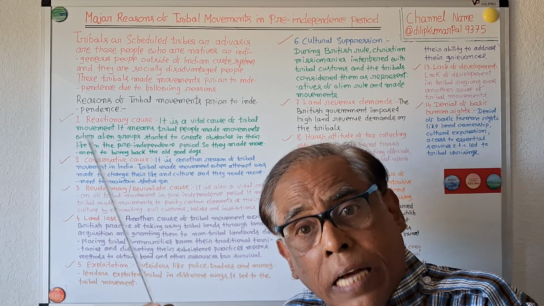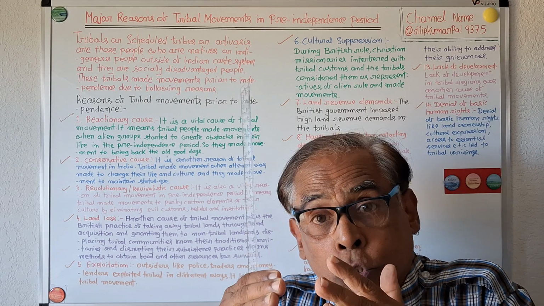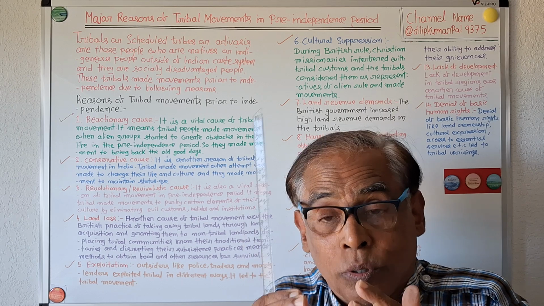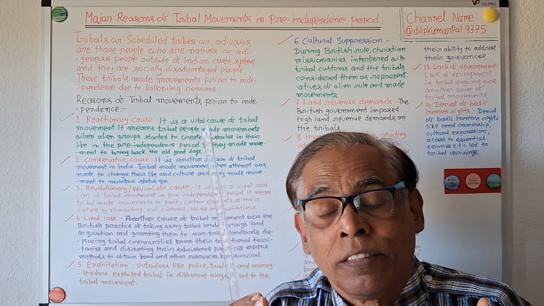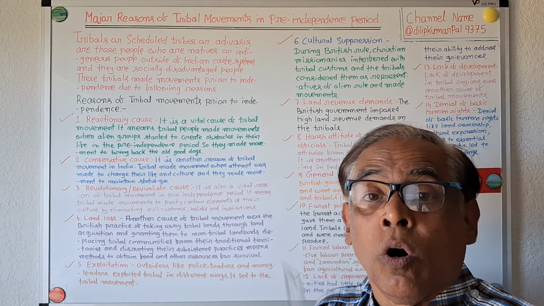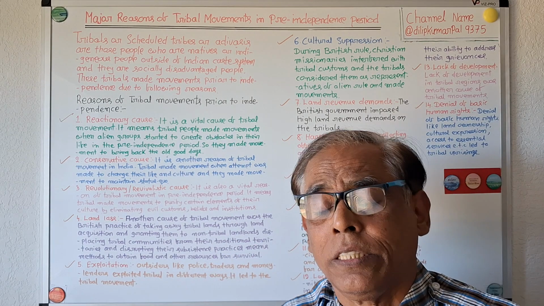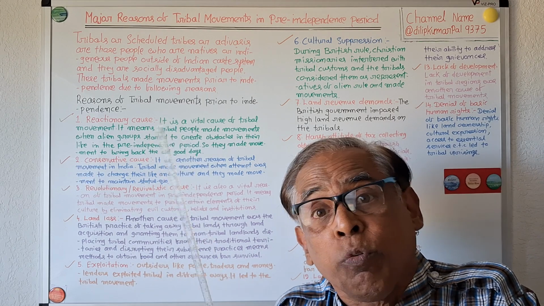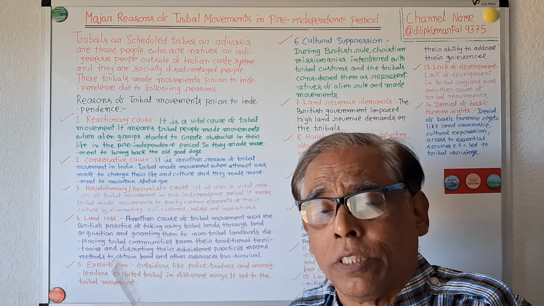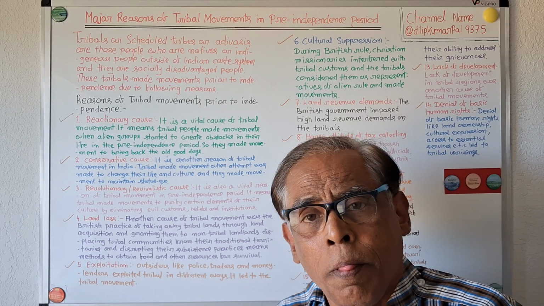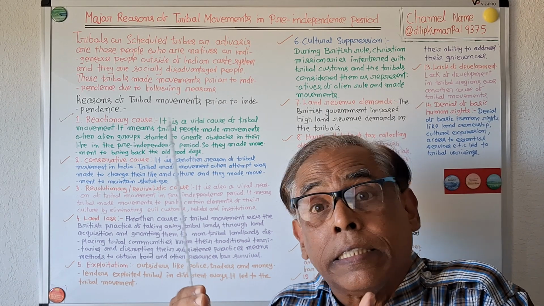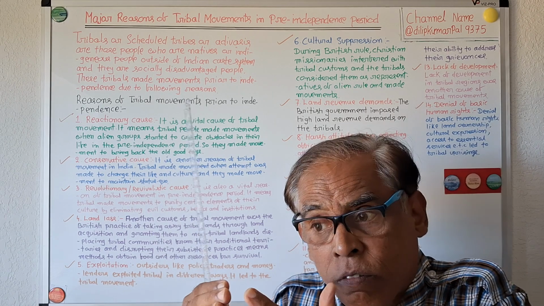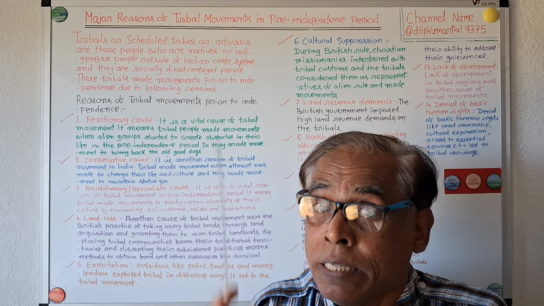They are outside the Indian caste structure, and they are socially disadvantaged, which means they are people who face various types of social problems. They are known as tribals.